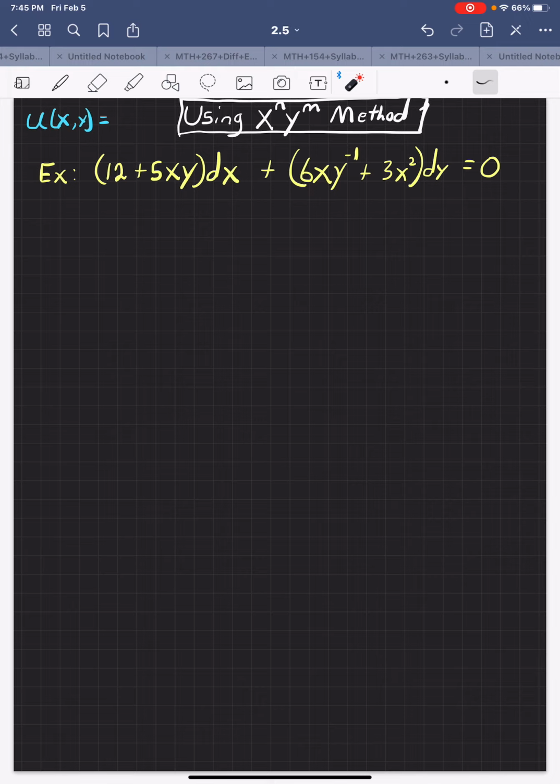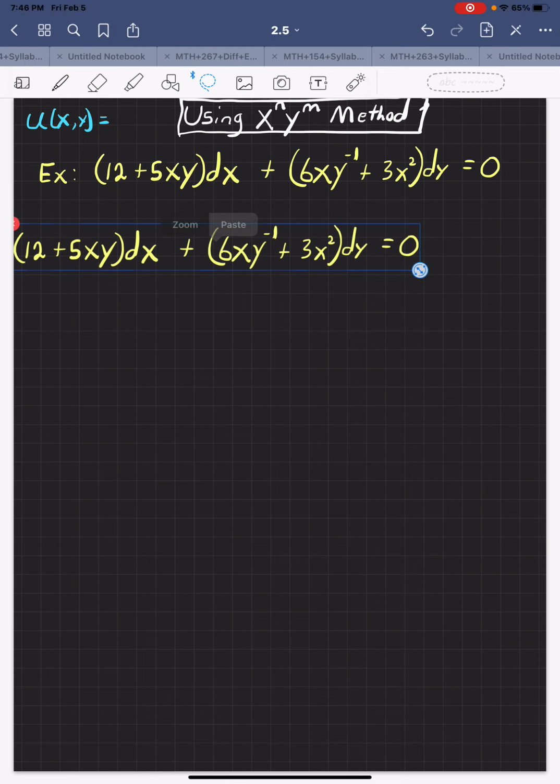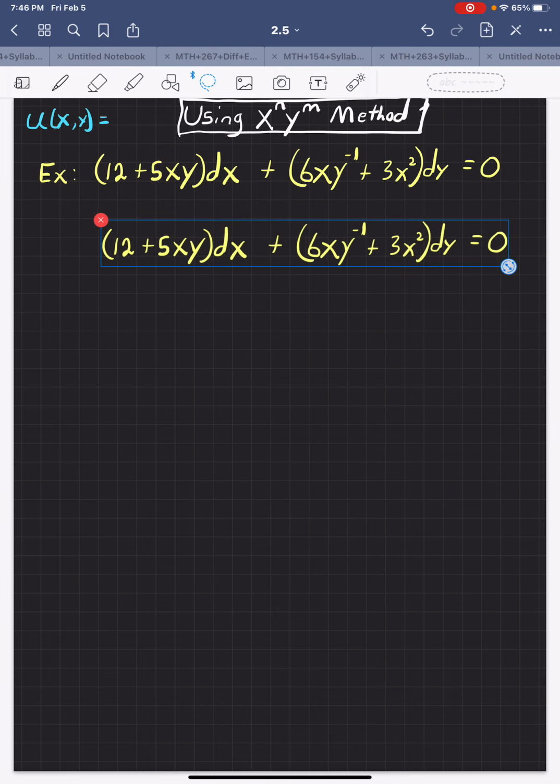Well, here's the game plan. We're going to distribute x to the n times y to the m. All right, so let's take this equation.